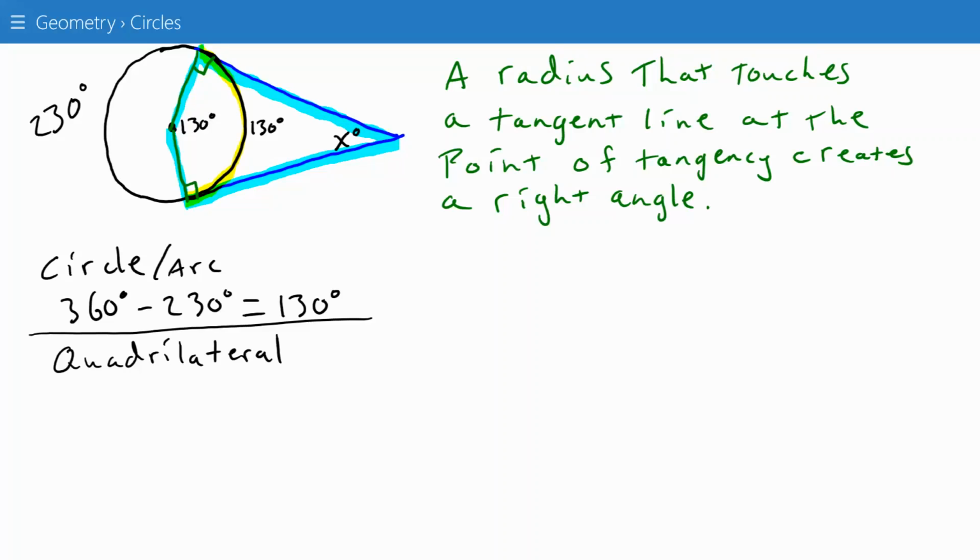So there's our four-sided shape. Now, the sum of the interior angles of a quadrilateral is 360 degrees. So what we can do now is say 360 degrees minus, we have that central angle that's 130 degrees, and then we have those two right angles. And what's left should be x degrees. And what we end up figuring out, x is equal to 50.